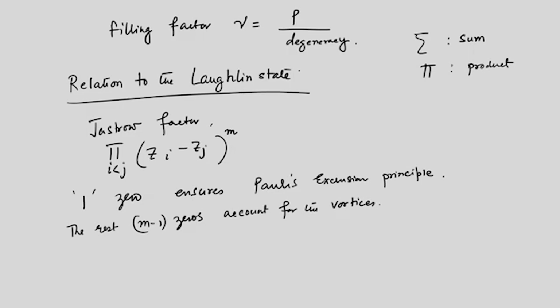A vortex is actually a topological excitation. So, suppose a complex number z equals r e to the power i theta. All of you are familiar with this polar representation. It has a vortex at the origin.